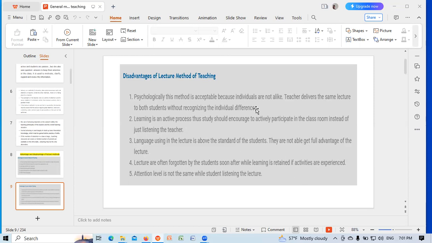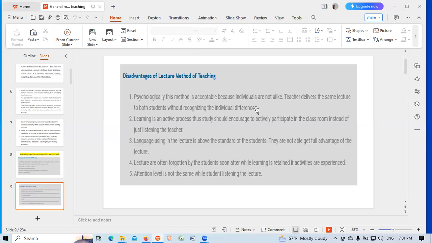If the language of the teacher or professor is more advanced, the students can't understand fully.